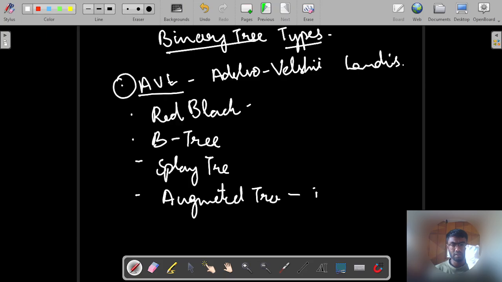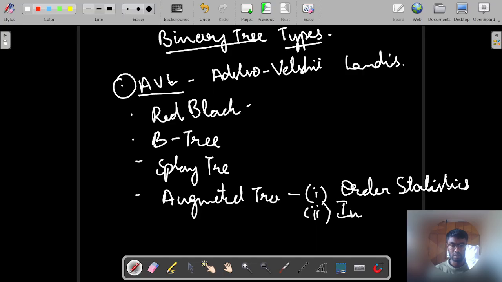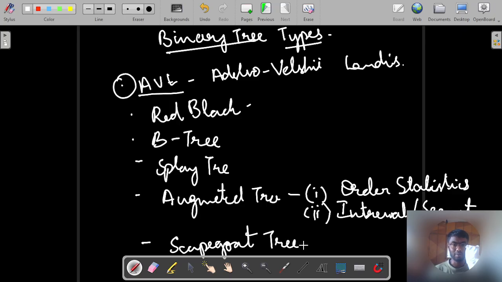Inside this, there are again order statistics and interval tree, interval or segment tree, and the next thing is scapegoat tree. A few of these names are really funny, so yeah.